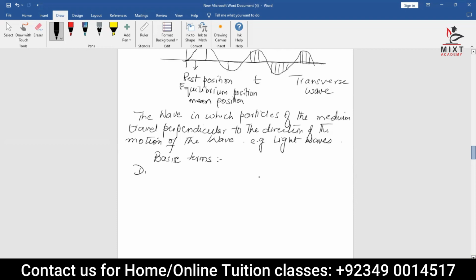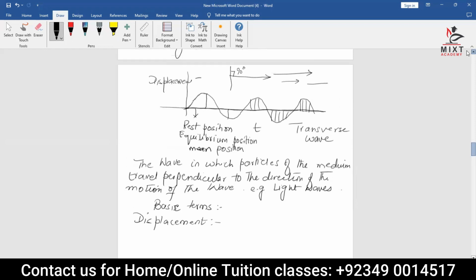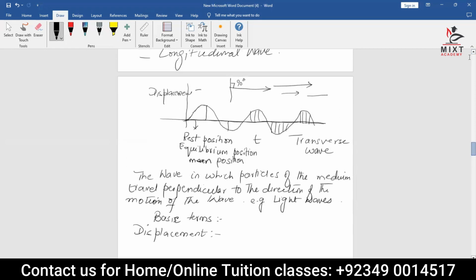First thing is displacement. What is meant by displacement in case of the waves? Who will tell me? Yumna or Armina? Any one of you? What is meant by displacement of the wave? Or Asjad or Ibrahim? Anyone? No one?